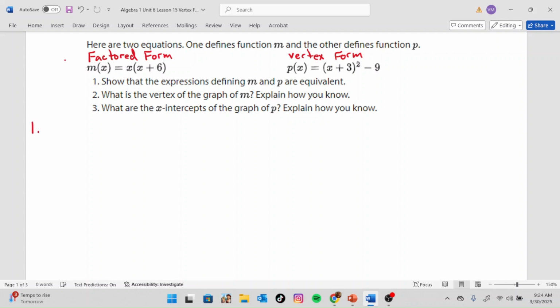So on number 1, m of x equals x times x plus 6. Well, use the distributive property, and x times x is x squared, and x times 6 is 6x. Now we have standard form.